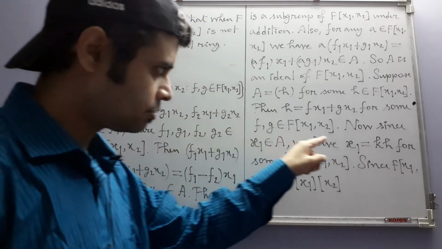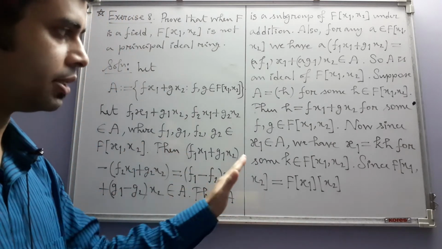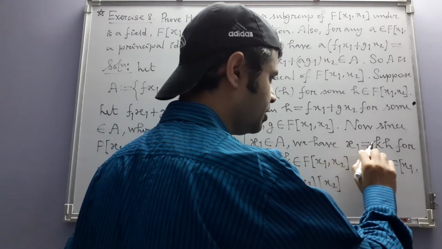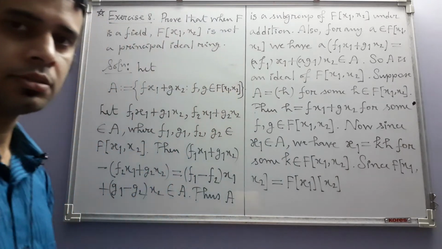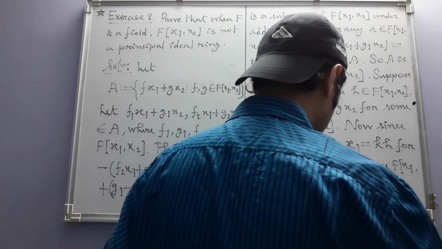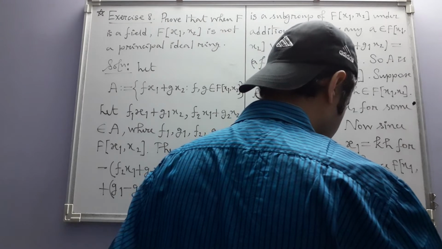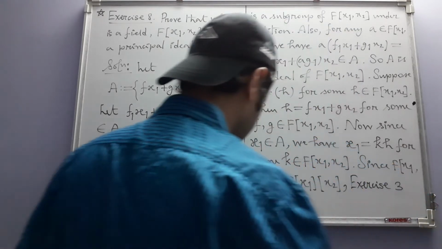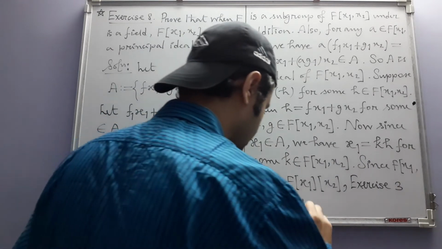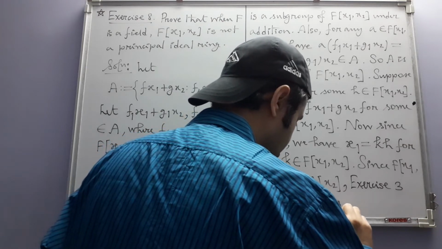And to this equation, if we now apply that degree formula that we proved in exercise 3, then the degree of this should be equal to the sum of the degrees of k and h, since this is equal to this. Exercise 3 implies zero equal to degree of x1.